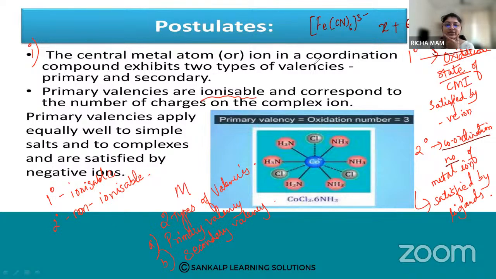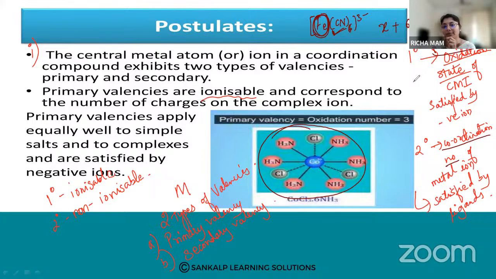Coordination number tells you the number of ligands present. Very good, you have understood it. Oxidation state tells you the oxidation state of the central metal atom, and coordination number means how many ligands are present around the central metal ion.